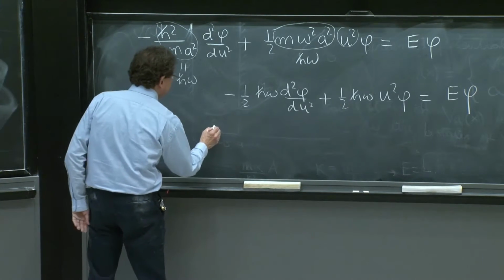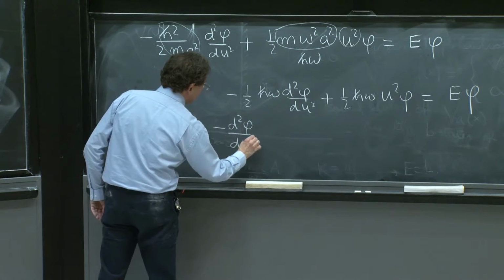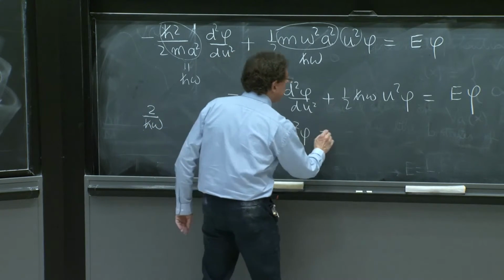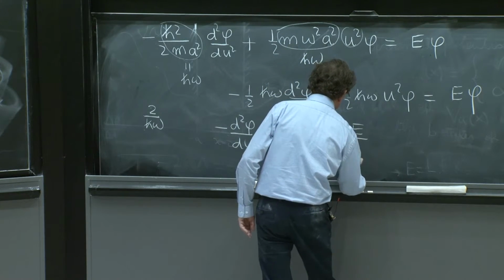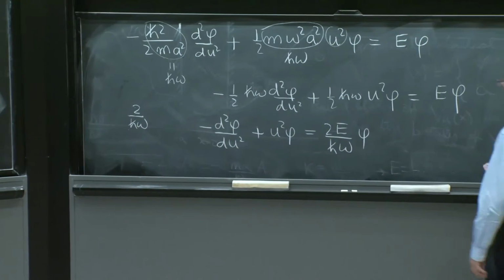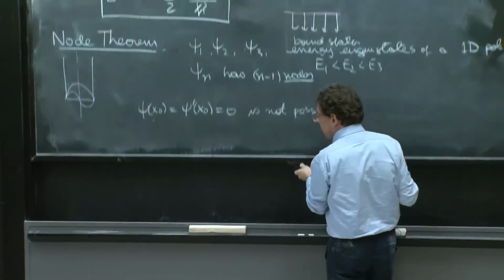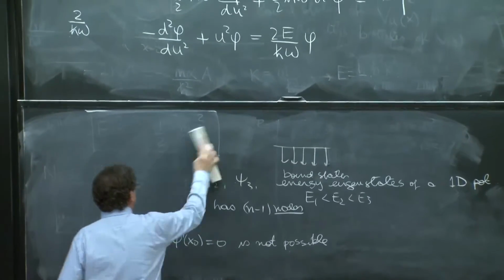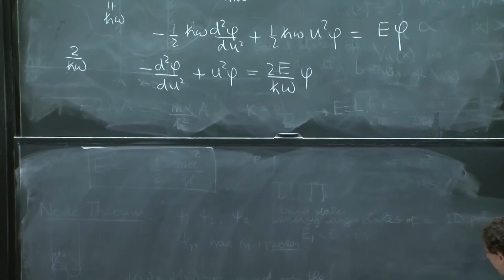So I get minus d second phi du squared plus u squared phi is equal to 2E over h bar omega phi. So look at this. The equation is now almost in perfect form.